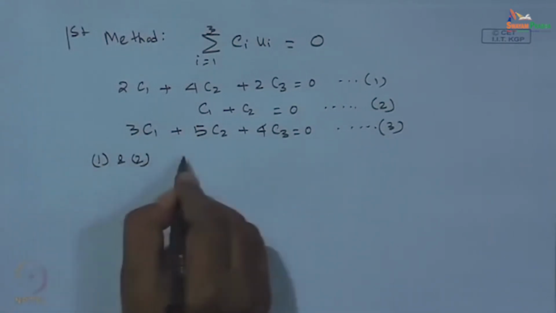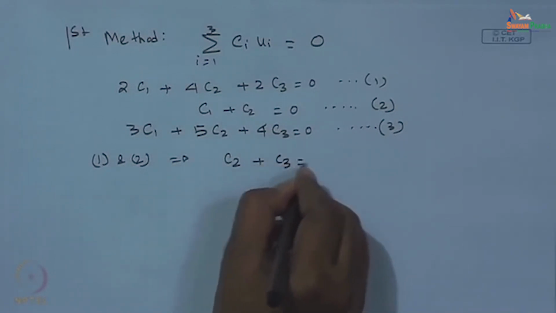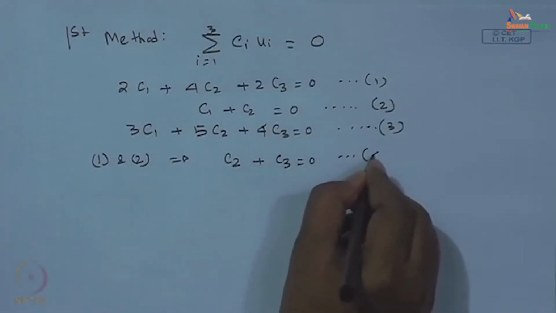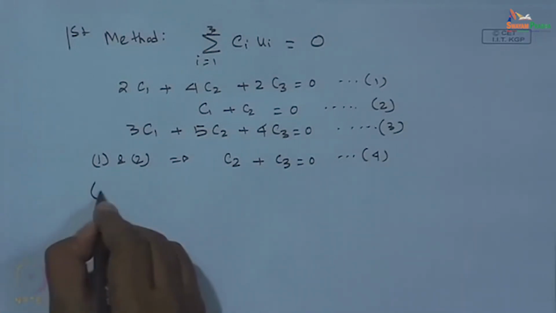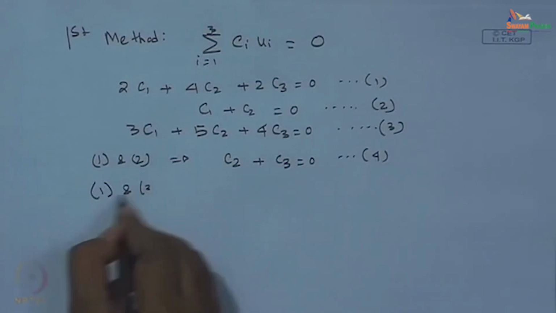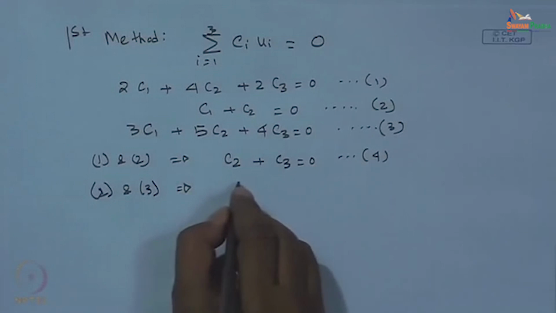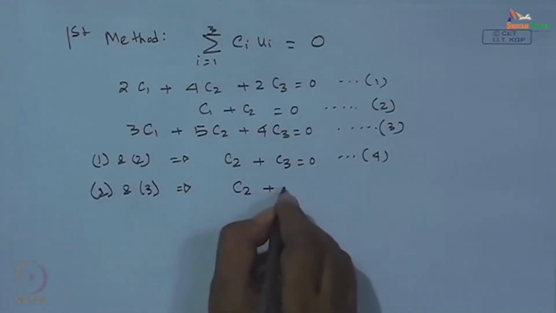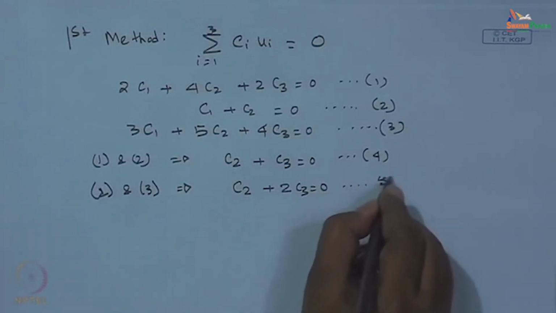So, combining 1 and 2, we will get C2 plus C3 equal to 0, as we have already done earlier, that is equation number 4. Combining 1, 2 and 3, we obtain C2 plus 2C3 equal to 0, that is equation number 5.